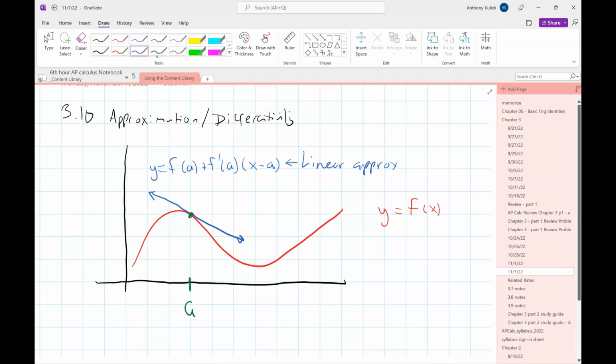I'm just adjusting the picture because now I want to draw in the differential part. So let's say we have a second x value here, and we'll call that a plus delta x, where that distance between a and that value, well, maybe we'll just call it b.